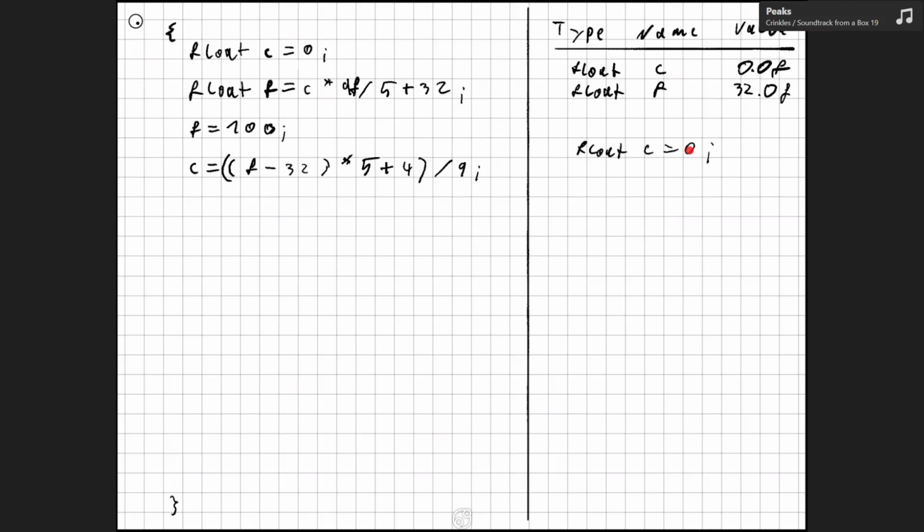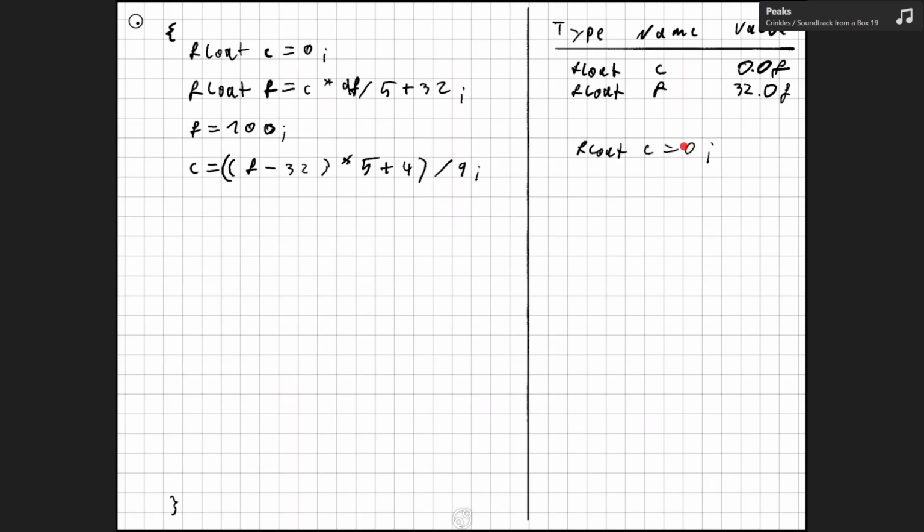Because this is a 0, which the computer assumes to be an integer. And we're trying to assign an integer 0 to a variable that stores float. Not possible. This is integer, this is float. You can't assign a value of one type to a variable of a different type. This doesn't work. Not allowed.